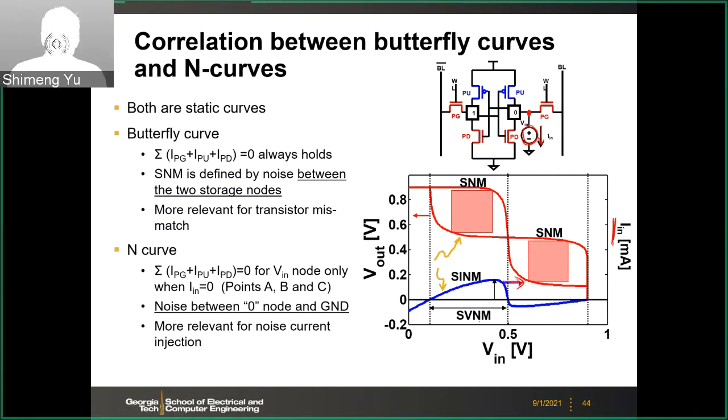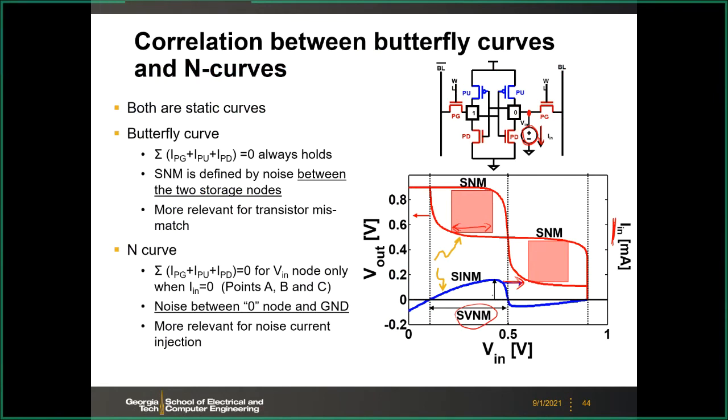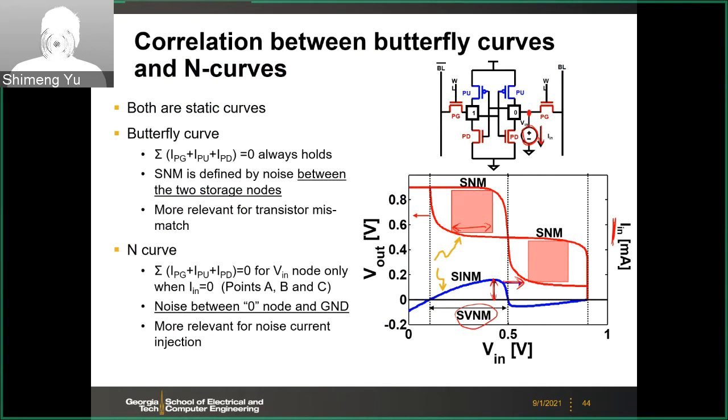So you will see that from the Uncurve, this noise margin is a little bit larger than what you defined from the butterfly curve. But the good news is that the Uncurve determines a current margin, that is this one.